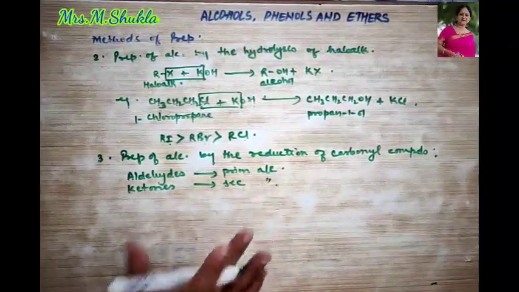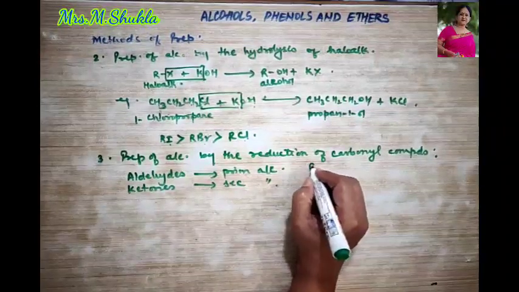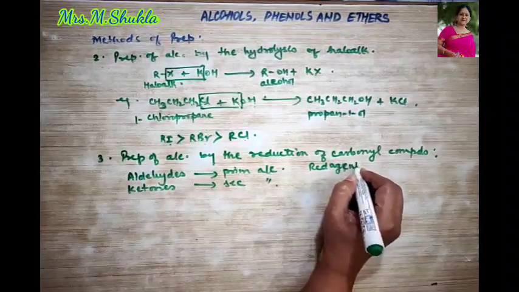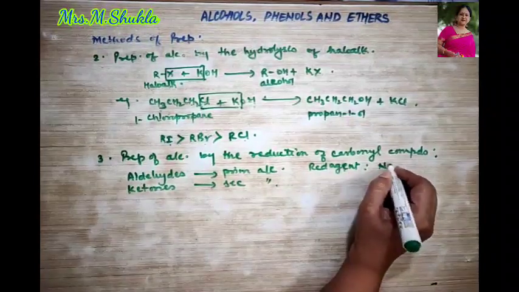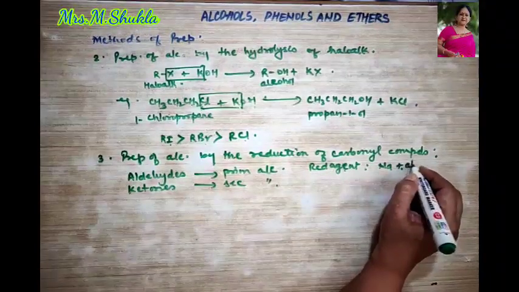I am writing it down so that you remember. So what is the common reducing agent that we use over here? The common reducing agent that we use is sodium and alcohol.